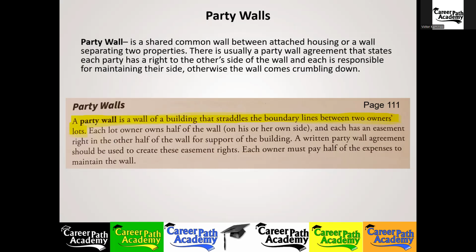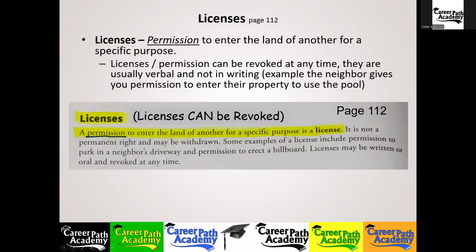It's on page 111 under the easement by prescription stuff. Okay. And we should already have this highlighted. Licenses are permission to enter the land of another for a particular purpose, a specific purpose.